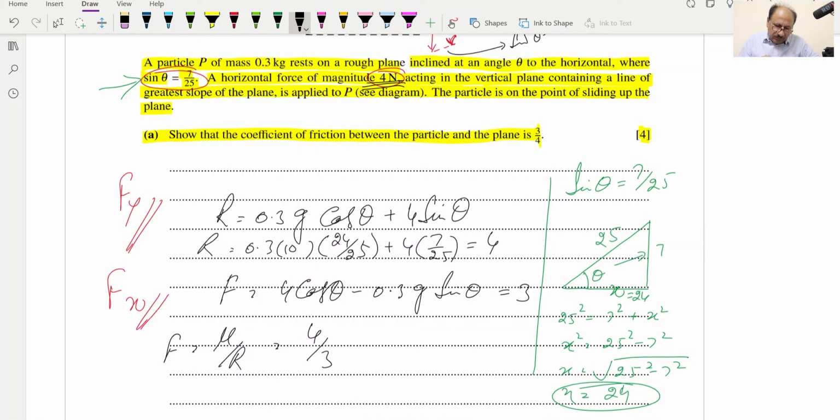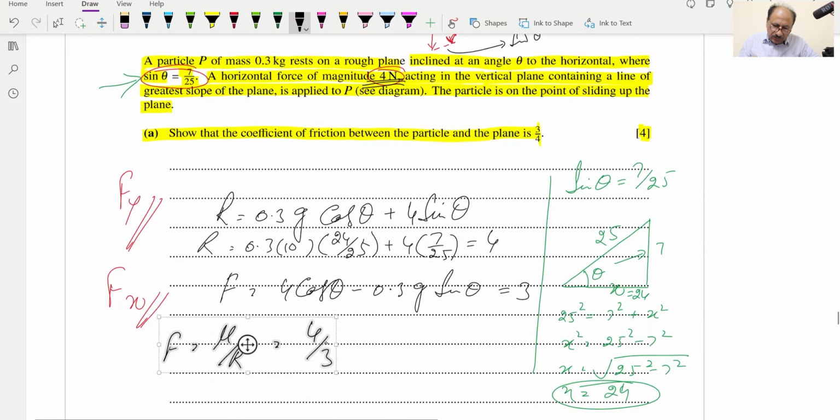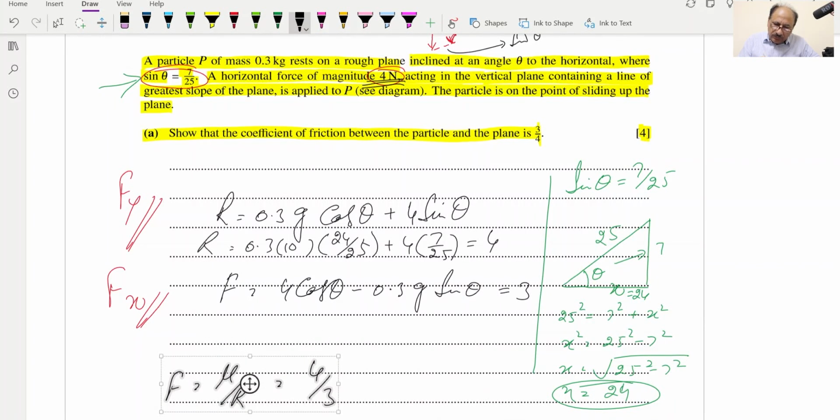Similarly for this one, F will be equal to 4 cos theta, and cos theta will be 24 over 25, minus 0.3 into 10, and sine theta will be 7 over 25, and this value you will get as 3.